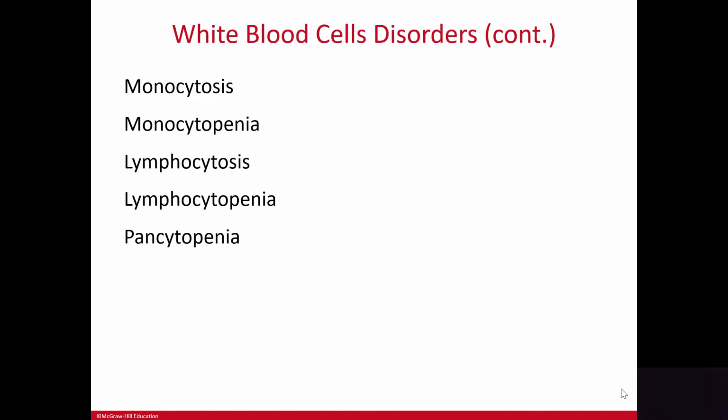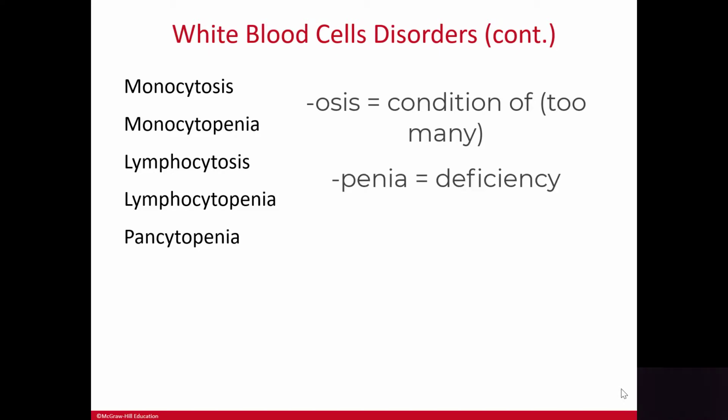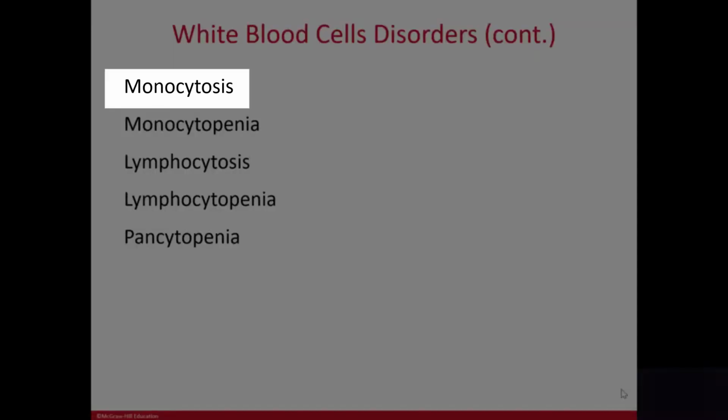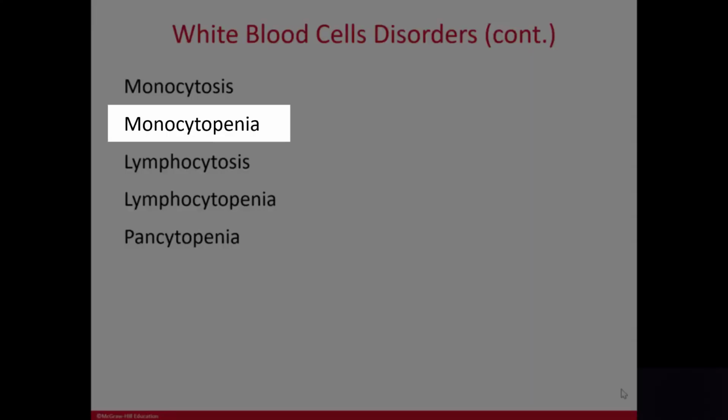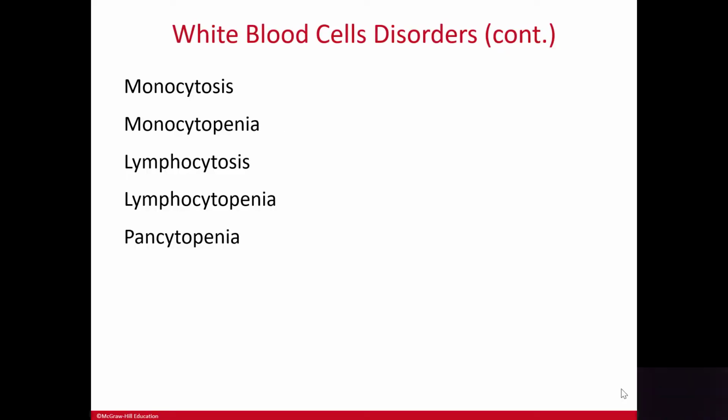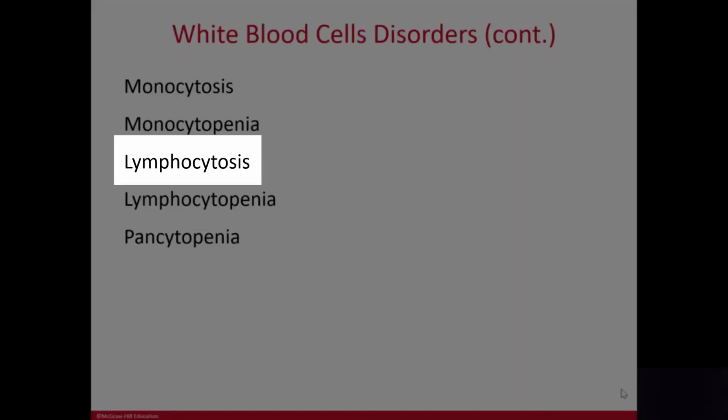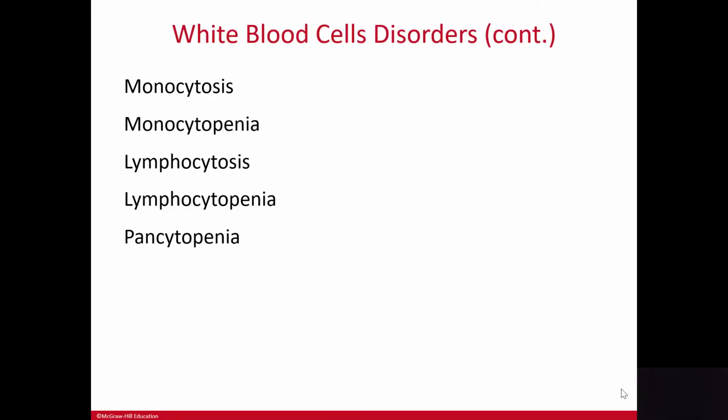These terms also describe disorders of various leukocytes. Remember, the suffix "osis" means condition of, and here we're talking about too many of these specific cells, and penia means deficiency. So monocytosis is an increase in the number of monocytes, usually caused by chronic infection, and monocytopenia is a decrease in the number of monocytes, which can happen after chemotherapy. Lymphocytosis is a high number of lymphocytes, which can be caused by infections, especially viral infections like HIV and mononucleosis.